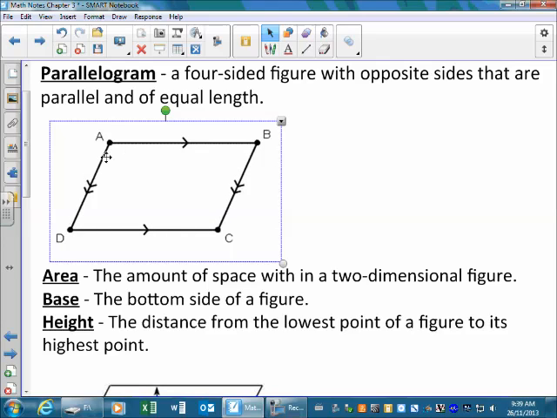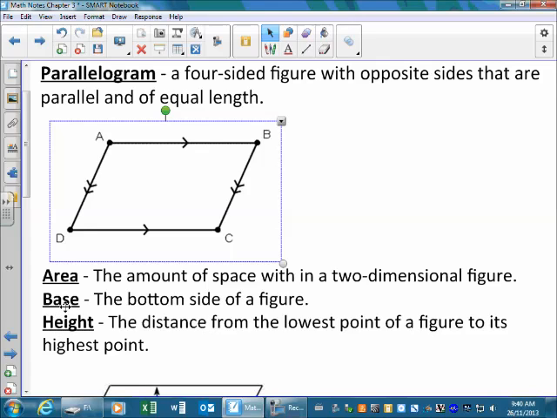But with area, we want to find how much space there is on the inside of a two-dimensional figure. Next year you find the volume of a figure, but that's a three-dimensional figure, so that's a step above. Area is just of a two-dimensional figure, this whole space inside.